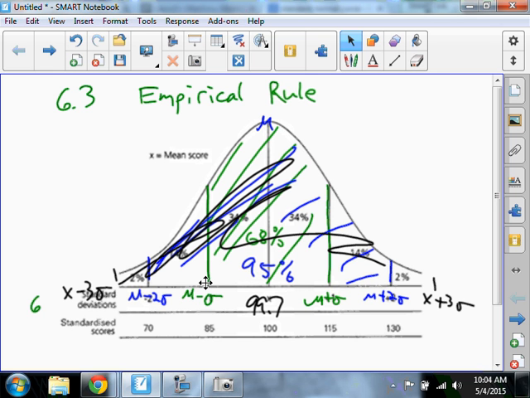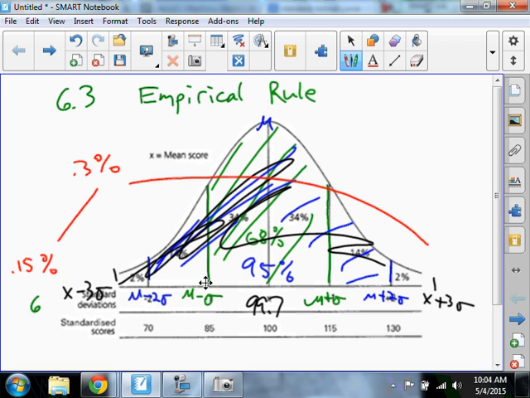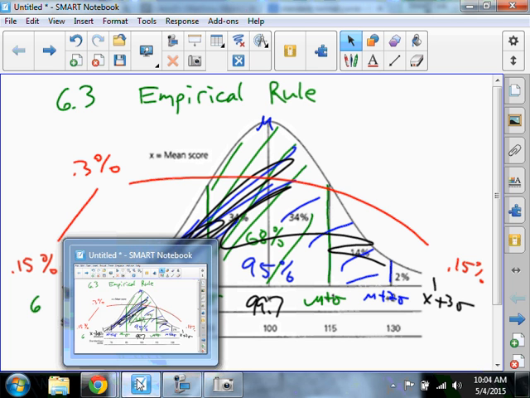If that's 99.7, then the extreme ends leave 0.3% to be split up here and here. So anything beyond 3 standard deviations below is 0.15%, and anything above would be 0.15%. Okay, so 0.15%, that's not very likely, and if you remember right, we had those outlier tests.